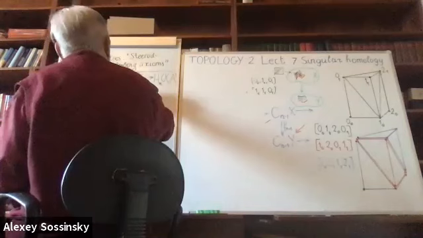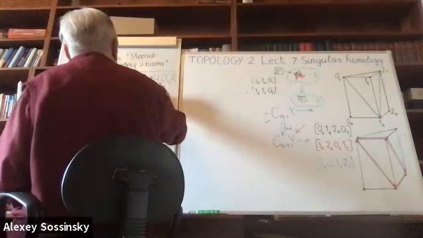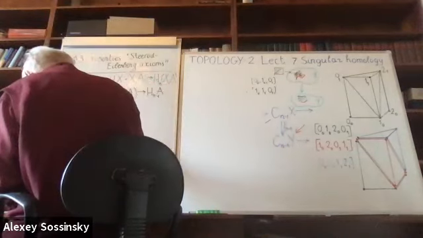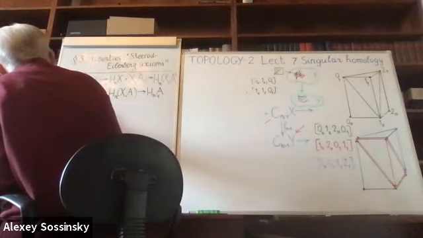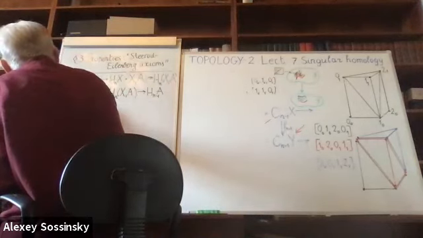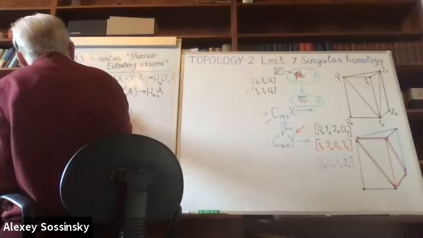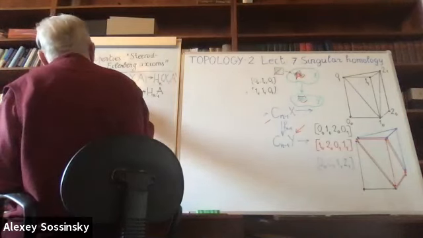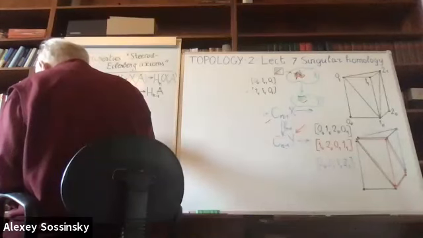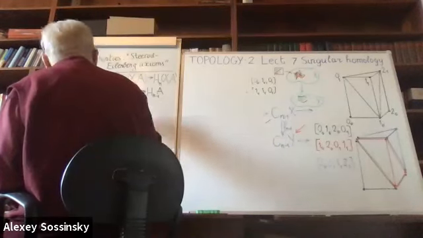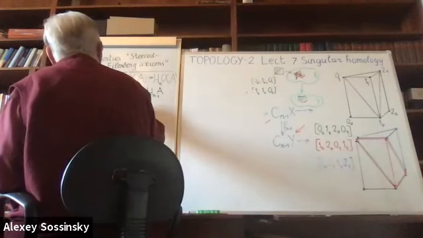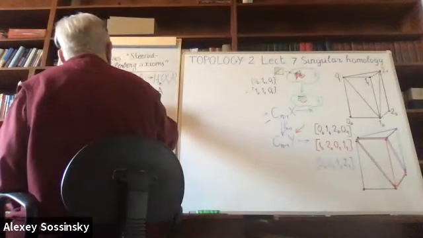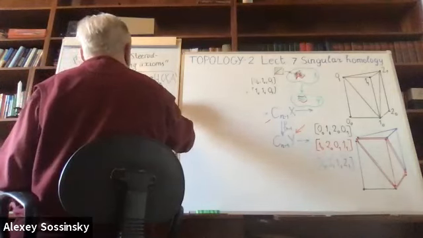It goes from H_n(X, A) to H_{n-1}(A). And then to any continuous map of a space X to Y, it assigns a homomorphism f star from H_n(X) to H_n(Y).